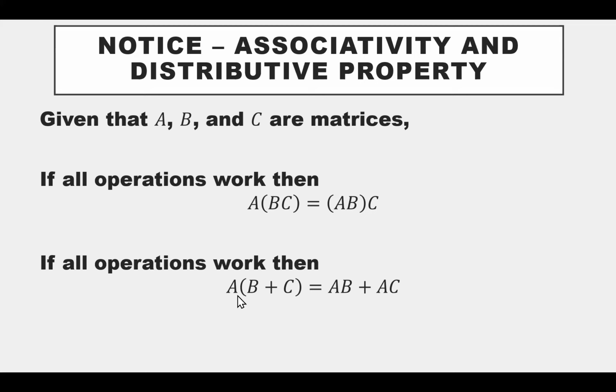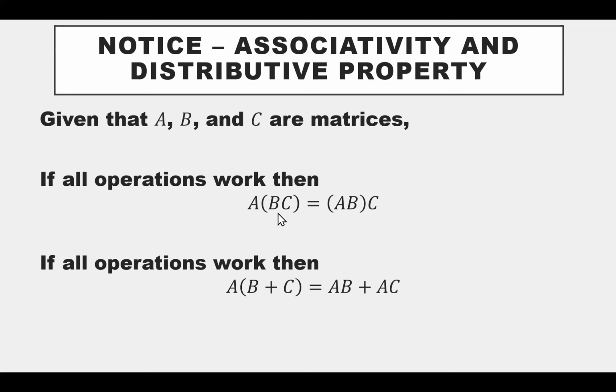This is the distributive property of matrices. If I have A times the quantity B plus C, that's going to be equal to A times B plus A times C, as long as all the operations work.